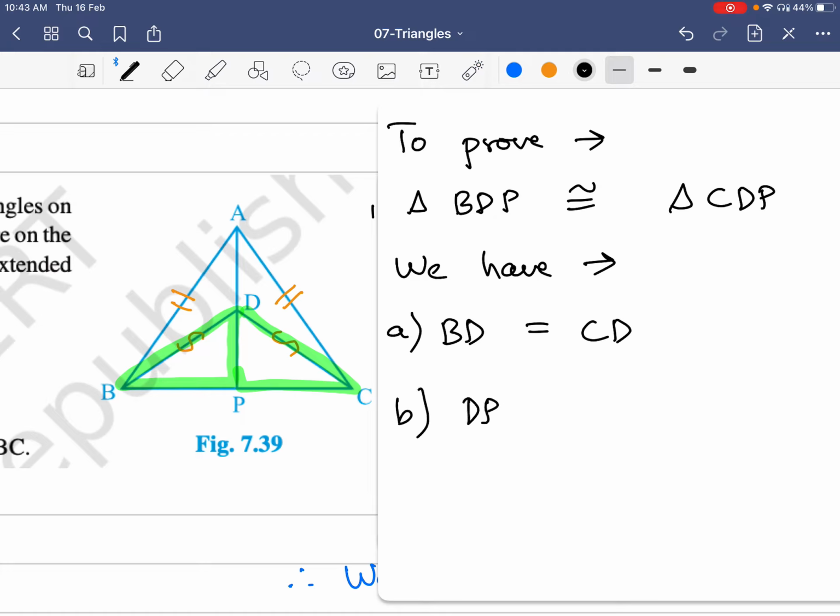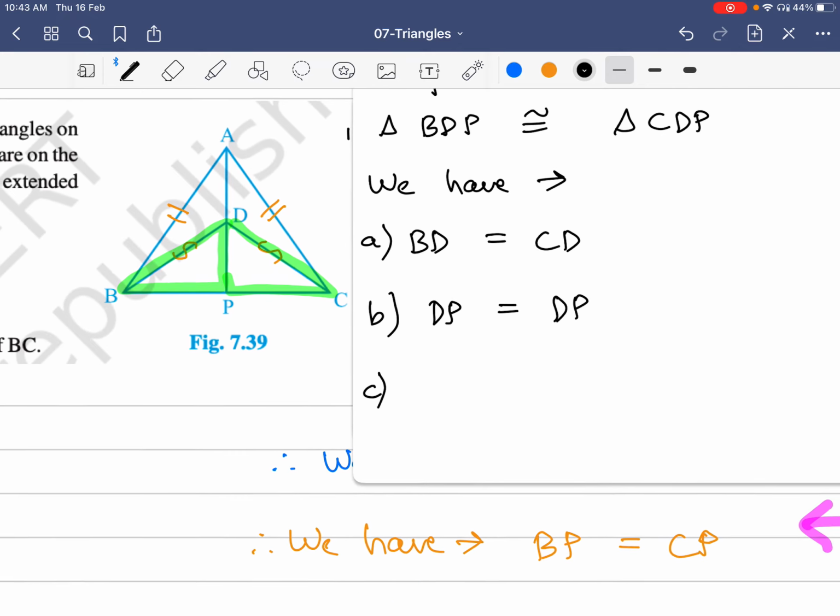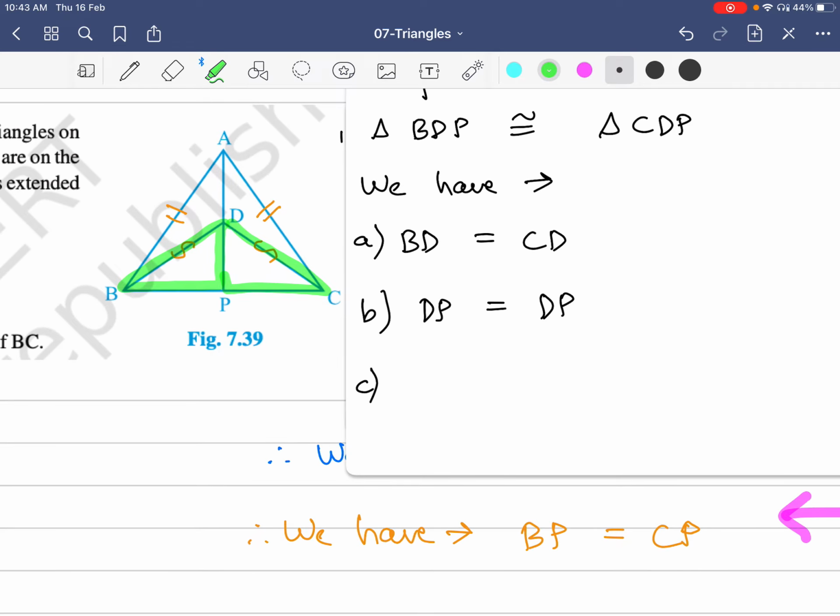Secondly, we have DP is equal to DP because it's a common side between the two triangles. So these two sides are also equal to each other. And the third point is the point we are going to take from here. We showed from the previous proof that BP is equal to CP. That's my point number 3. So I'm just going to write here BP is equal to CP.